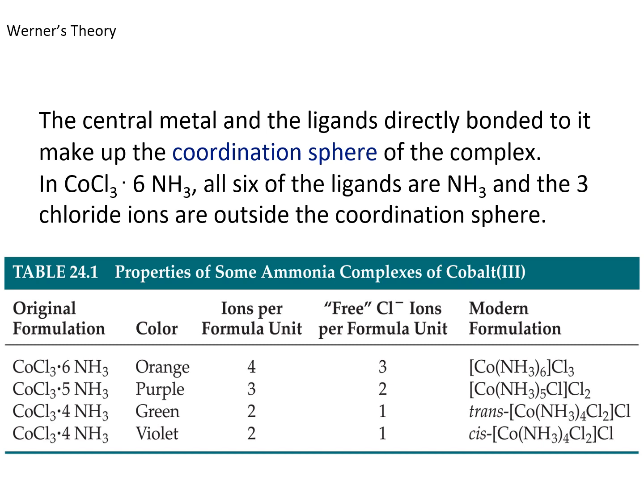The central metal and the ligands directly bonded make up the coordination sphere of the complex. In cobalt trichloride, all 6 ligands are NH3 and the 3 chloride ions are outside of the coordination sphere.